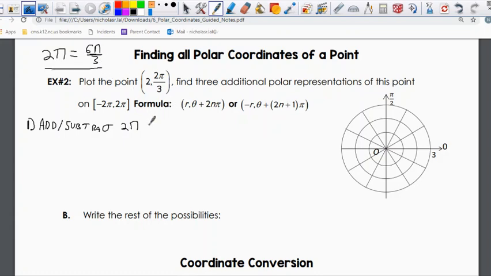So you can go from 2, pi over 3 to 2, plus 6 pi over 3, 8 pi over 3. Or you can have 2, pi over 3 minus 6 pi over 3, negative 4 pi over 3.